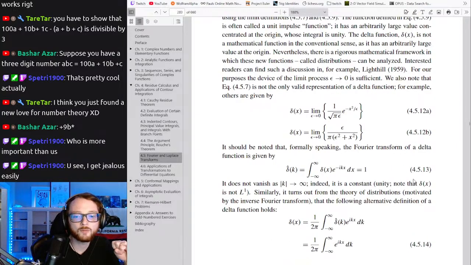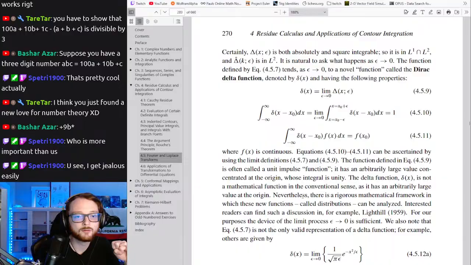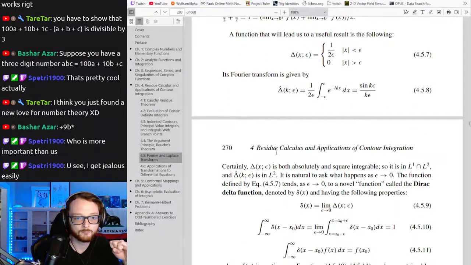Wait, so they're saying that delta is not an L1. What was an L1? Oh, capital delta is.